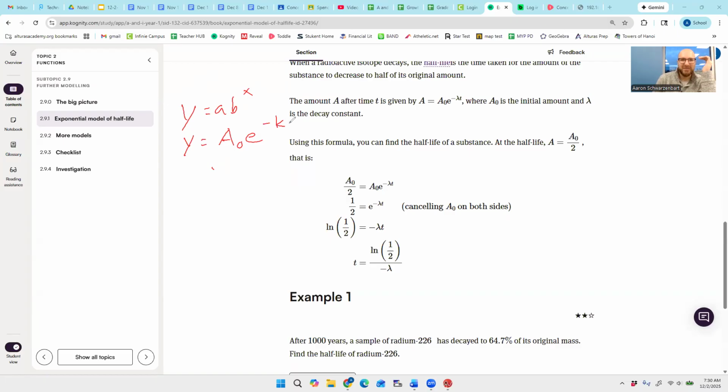I'm going to use k. I like k better than lambda in this situation. So we can think of our half-life as half of the initial amount.